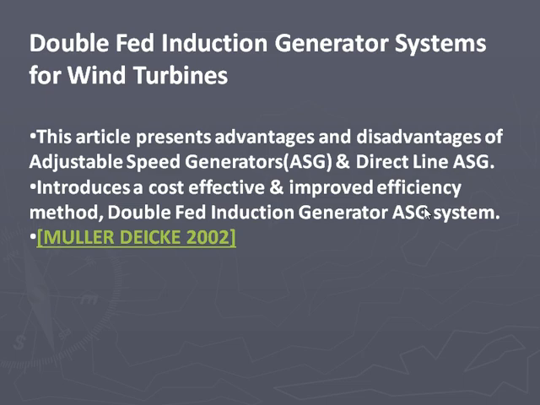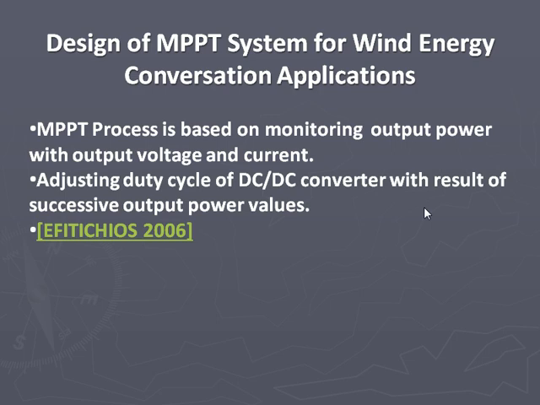And the other paper is design of maximum power point system for wind energy conversion applications. Here, usually the output power is calculated with the output voltage and current, and by adjusting the duty cycle with the DC converter, we'll get a constant.